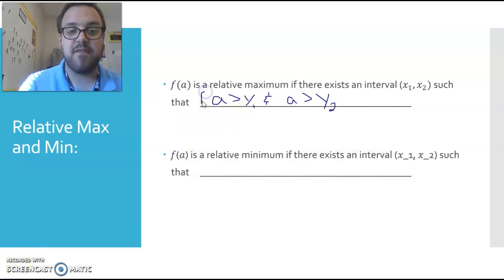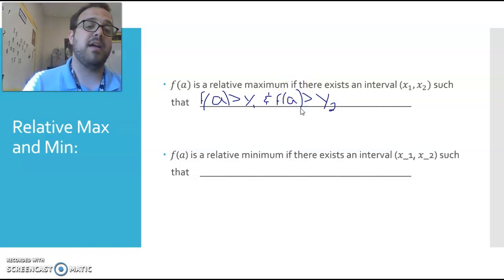Sorry, this actually should be f of a is greater than y1 and f of a is greater than y2. Basically, the y value needs to be greater than all the y values around it.